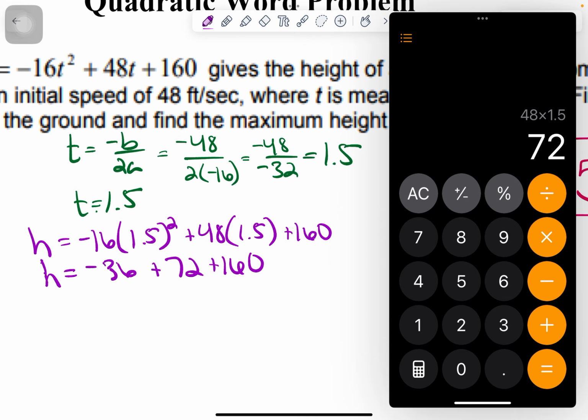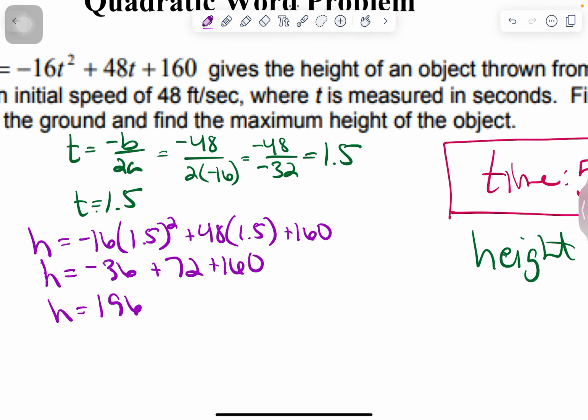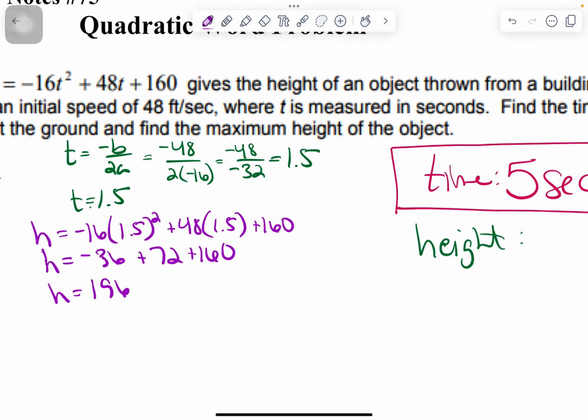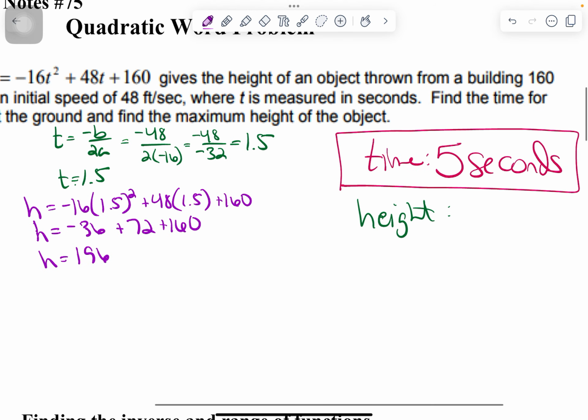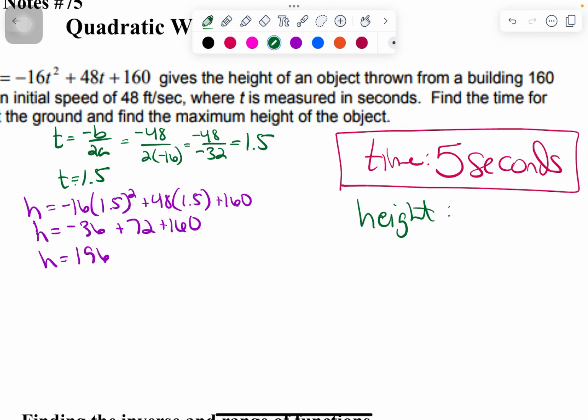And then I'll go ahead and add everything up. So negative 36 plus 72, and then plus 160. All right, that is a height of 196. So to find the maximum height of the object, and our height is in feet, after all this work, we figured out the maximum height is 196 feet.